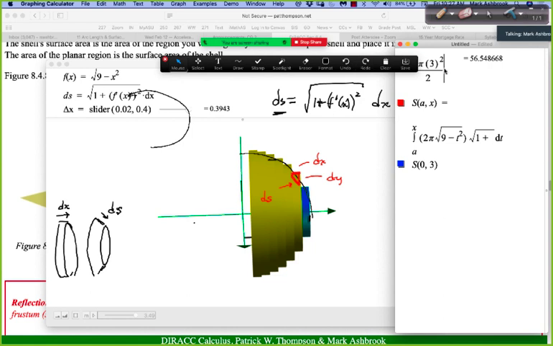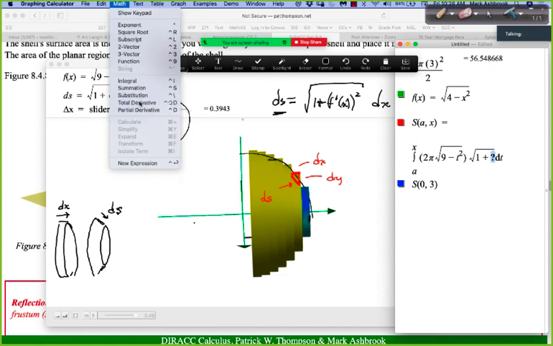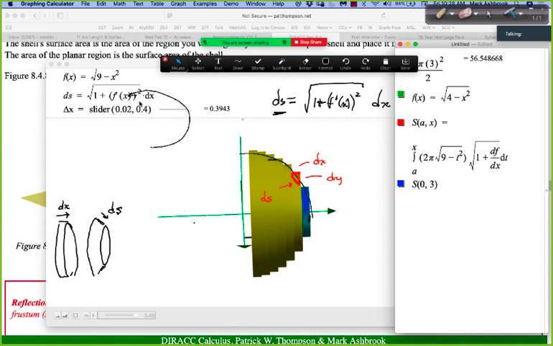Let's define that function, 9 minus x squared. And now I'm going to do the total derivative, df dt, as fast as I can here, and that thing squared.